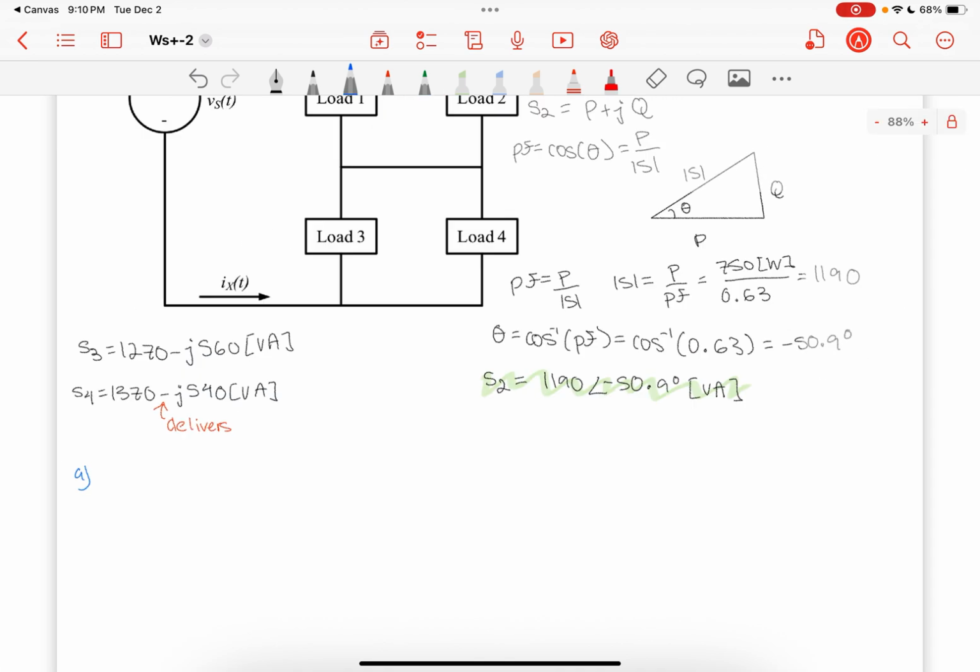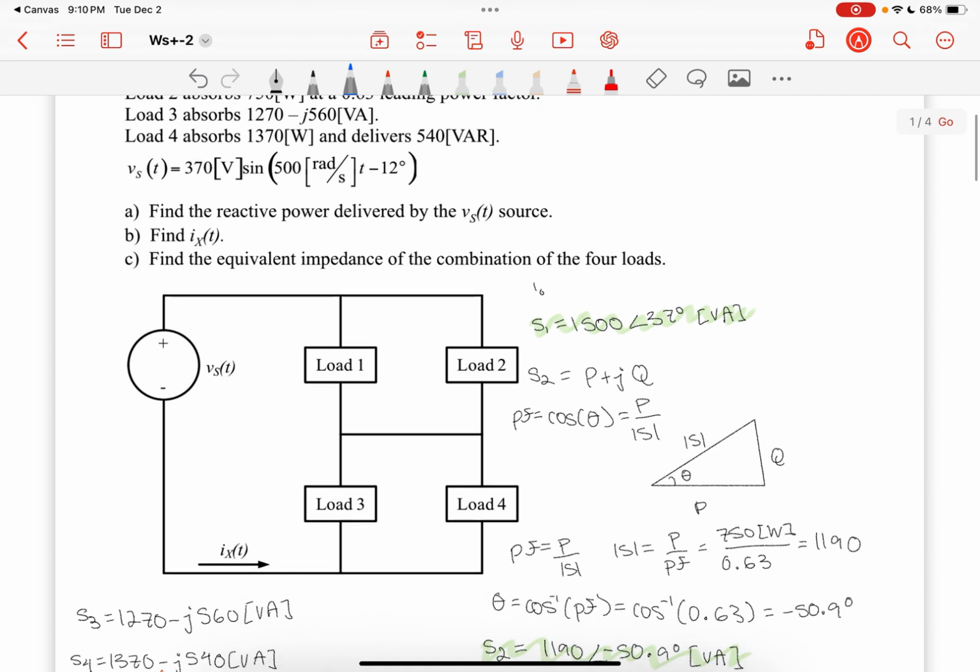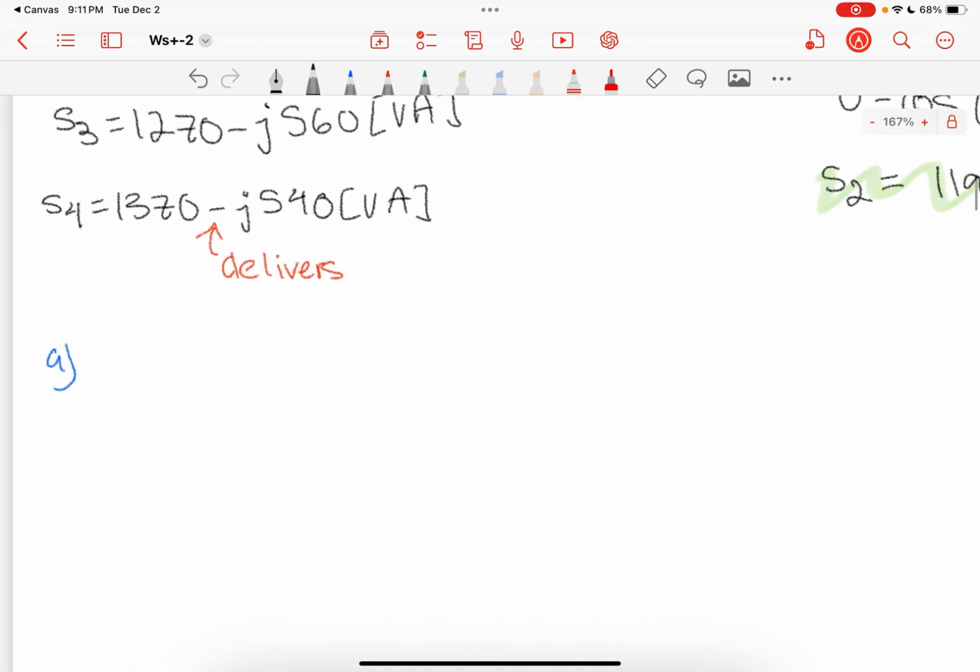Now for part A, we are asked to find the reactive power delivered by the source. We know that the total power for the circuit is going to equal the sum of all the loads. So we can use the equation S total is equal to S1 plus S2 plus S3 plus S4.